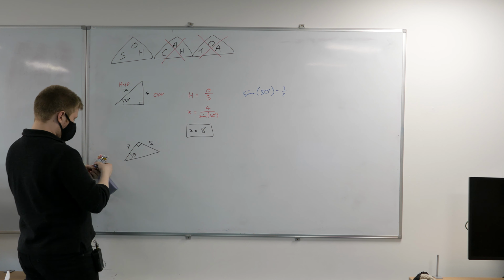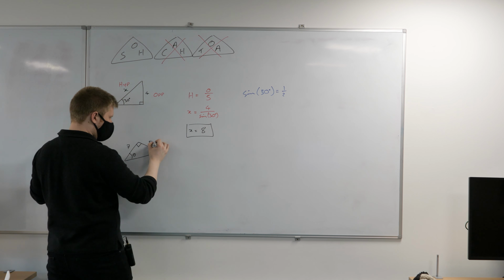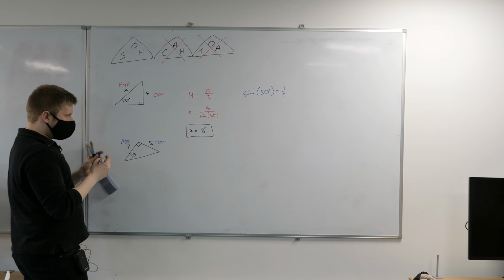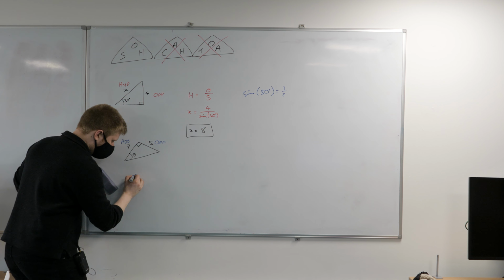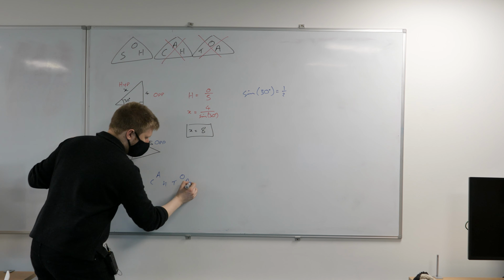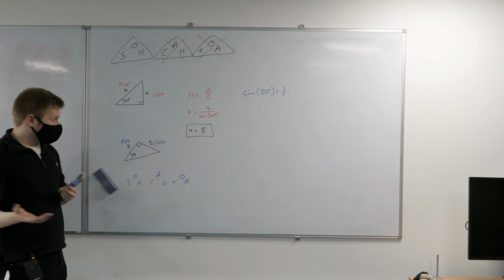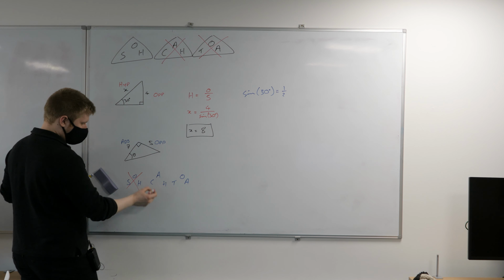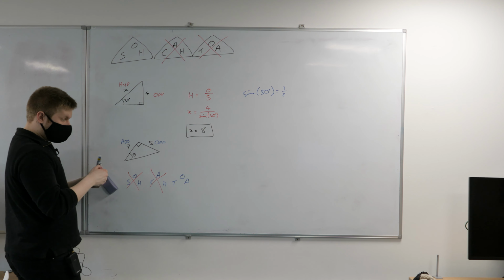So okay, I'm looking for, this is my opposite, this is my adjacent. So therefore I look at my SOHCAHTOA. I look for what I'm not interested in, in this case the hypotenuse. Rule anything with an h in out, so that's out, that's out. So I'm after TOA.